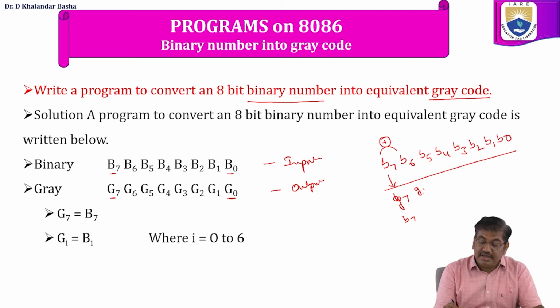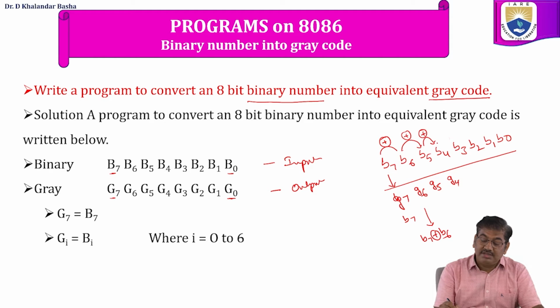Next, the gray code 6th bit G6 is B7 XORed with B6. Next, B6 will be XORed with B5 for generating G5. B5 will be XORed with B4 for generating gray code 4th bit.